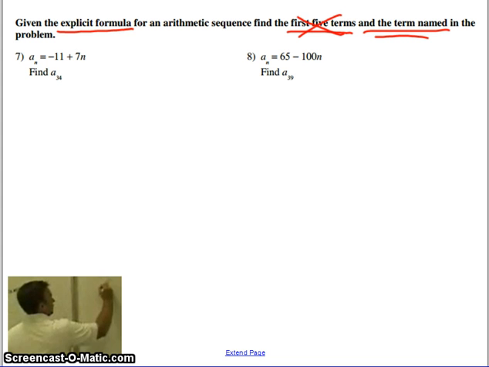Alright, what we're going to do is this. We're not going to do the first 5 terms. I'm just going to show you how to find the term named. Now what they want to do is find the 34th term here. That's why we have the subscript 34. So A sub 34, not n anymore, equals negative 11, that stays the same, plus 7.